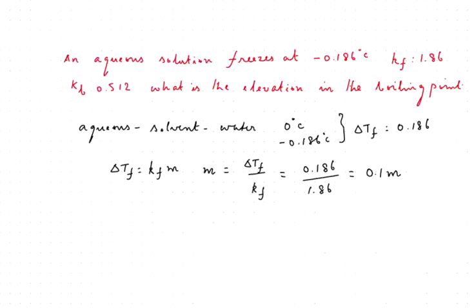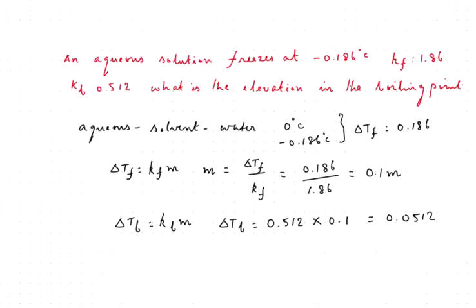So what would be the elevation in the boiling point? It is delta TB is equal to Kb into molality. So delta TB is equal to Kb, 0.512, into molality, 0.1. So it is going to be 0.0512, which means the elevation in the boiling point is 0.0512.